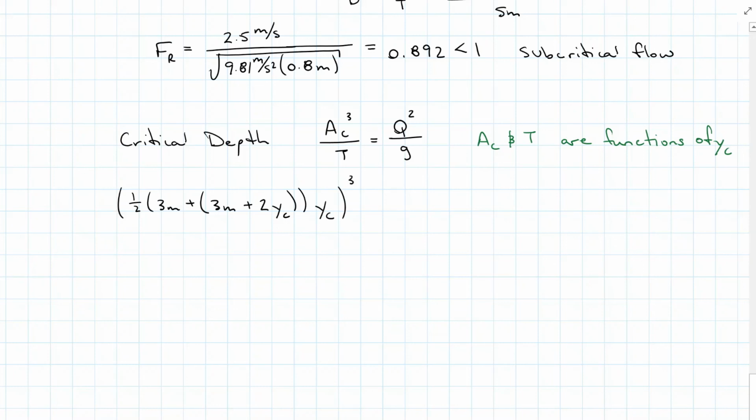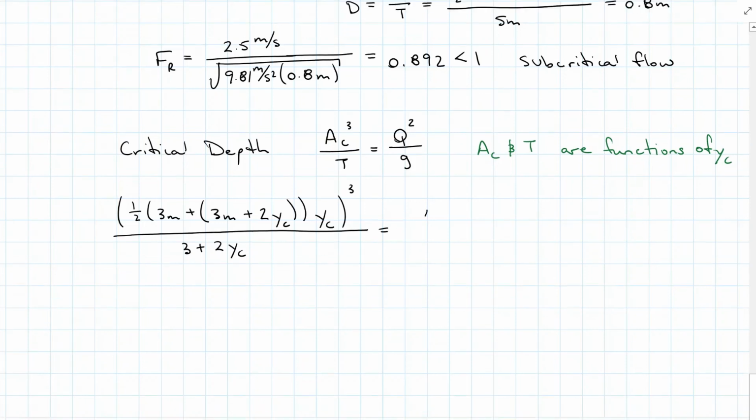That whole thing's going to be cubed all over T, and so T is going to be 3 plus 2 times whatever the critical depth is. And this is going to equal our flow rate, which is 10 meters cubed per second, all over gravity, 9.81 meters per second squared.